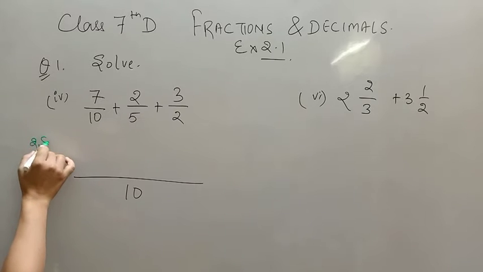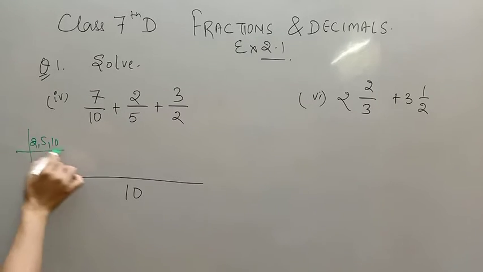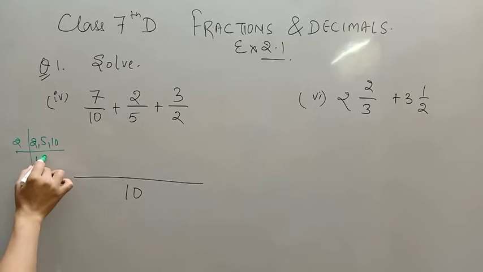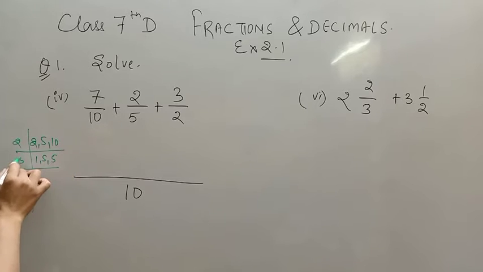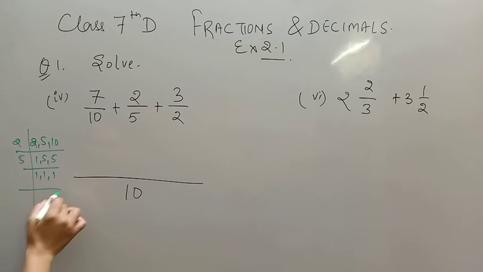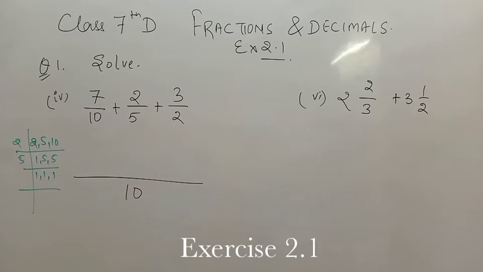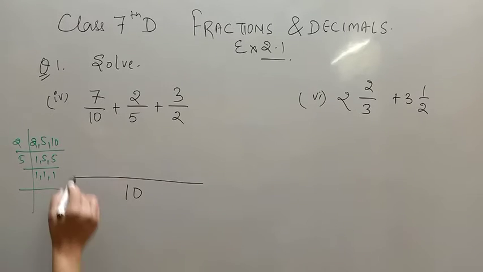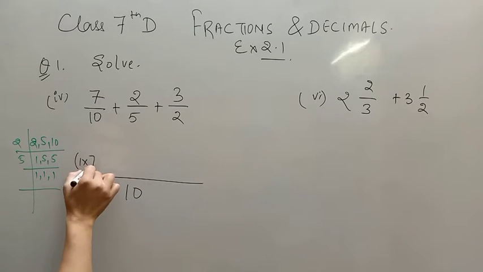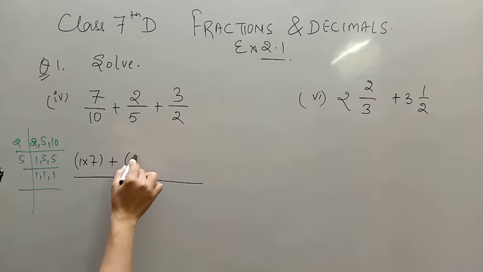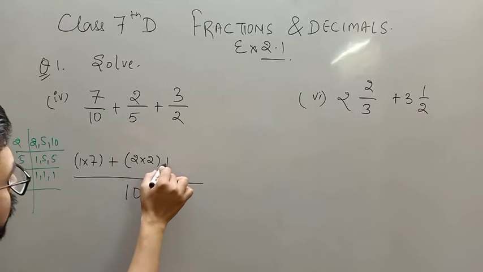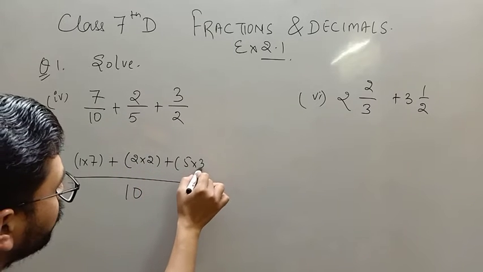2, 5 and 10. 2 1s are 2, 5 as it is, 2 5s are 10, 5 1s are 5. So the LCM of 2, 5 and 10 is 10. Okay, now 10 1s are 10, into the numerator, plus 5 2s are 10, into the numerator, plus 2 5s are 10, into the numerator.